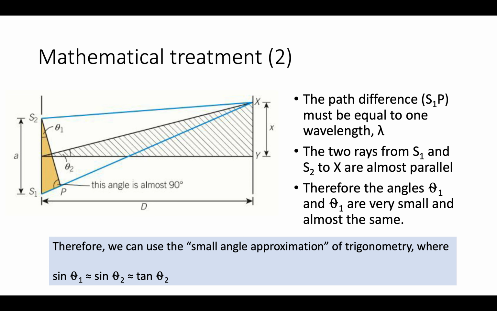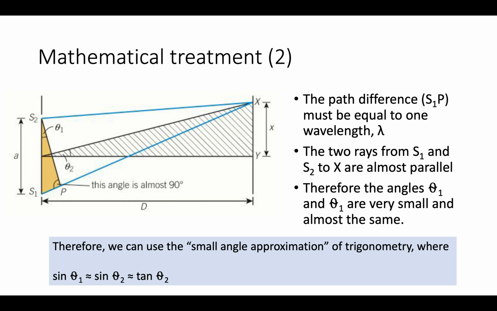Just look at the yellow triangle. That angle on that corner there, between S1P and S2, is almost 90 degrees. Imagine if you rotated that yellow triangle round. That is in the same proportion as the shaded triangle. That's why sine θ1 and sine θ2 are the same and approximately equal to tan θ2.